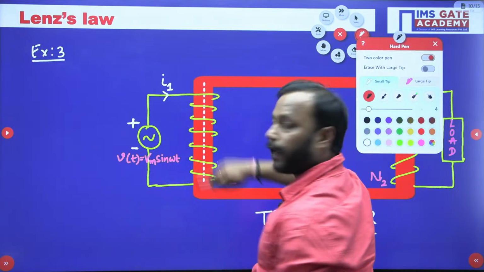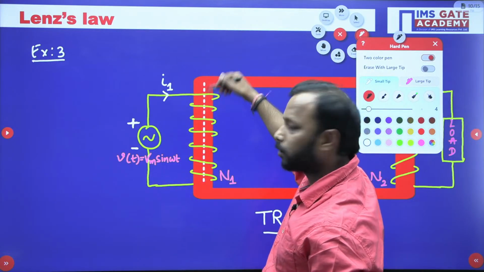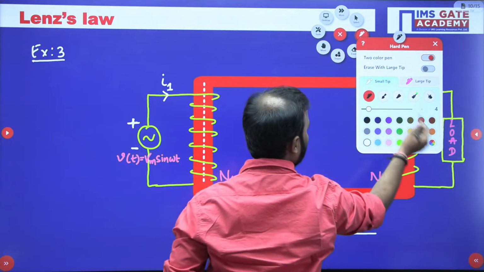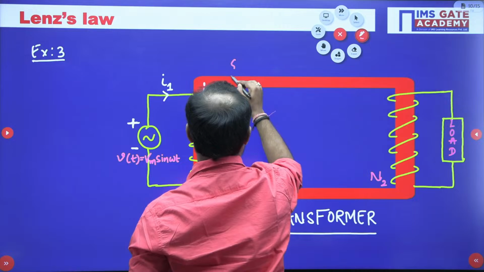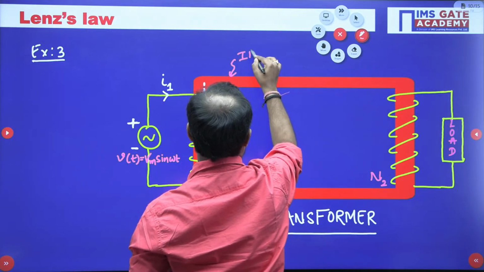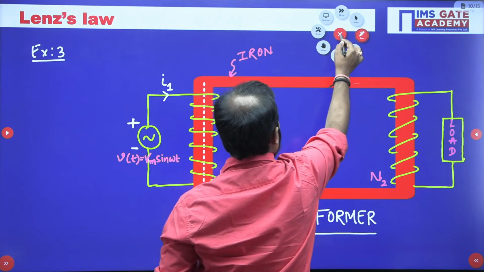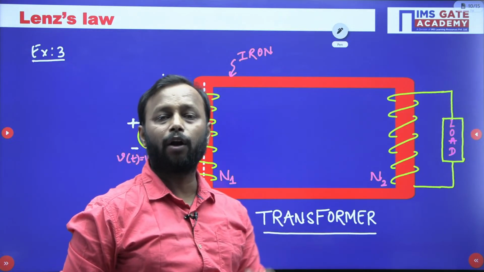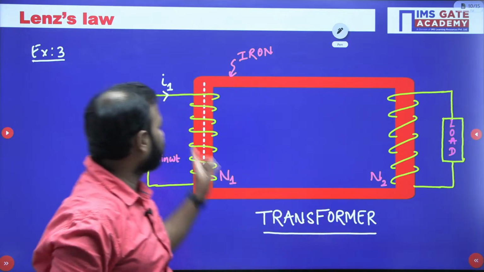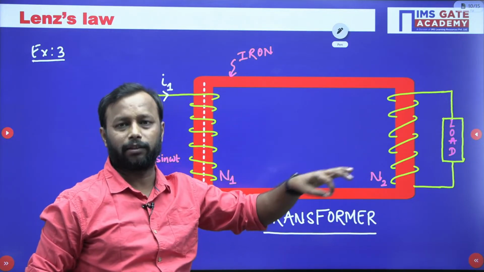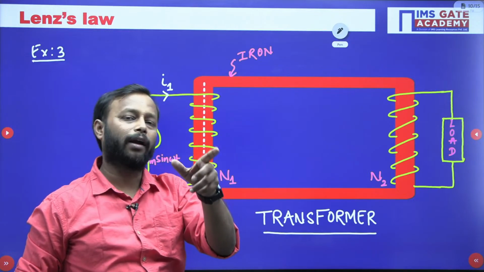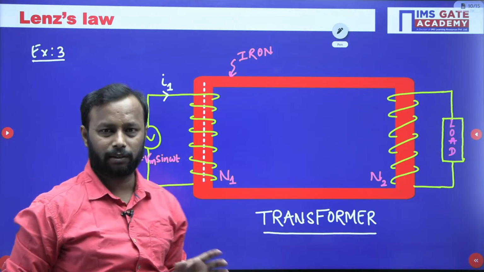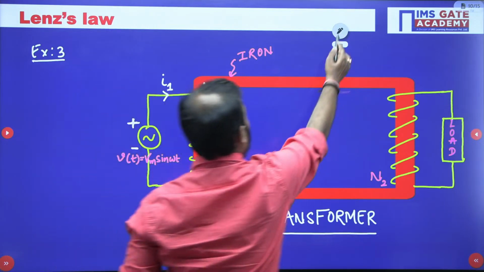Why, sir? Why will the flux flow in this particular limb? Because this is your iron. I told you the magnetic flux always tries to take the low reluctance path, and this iron is going to provide low reluctance, just like resistance and current: a current always tries to flow through the low resistance path. So this is its direction.